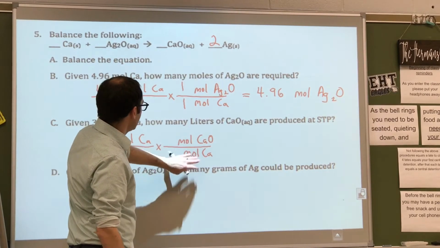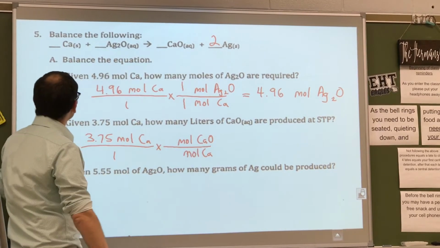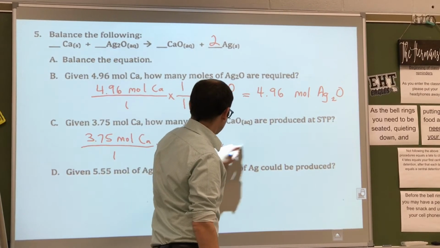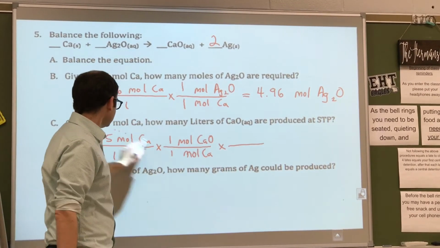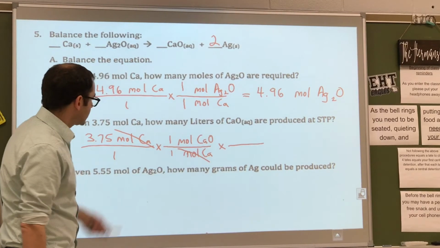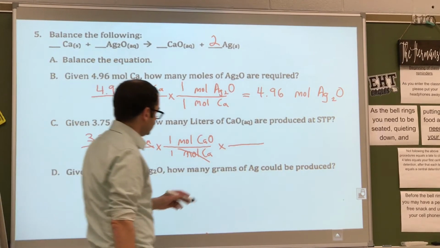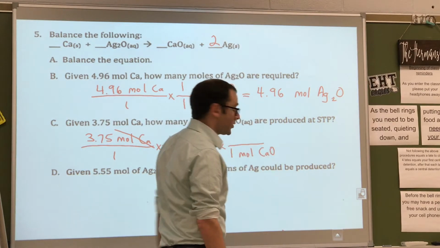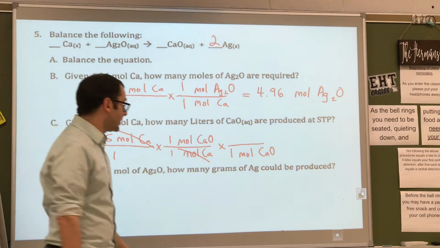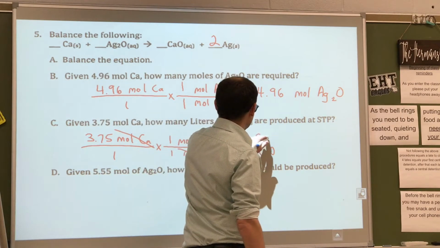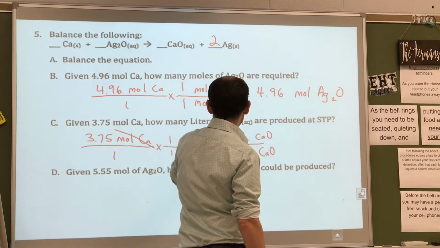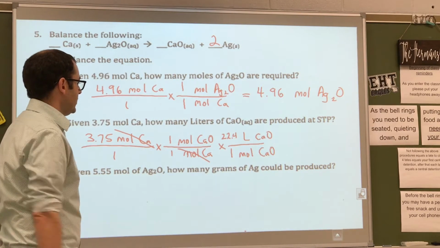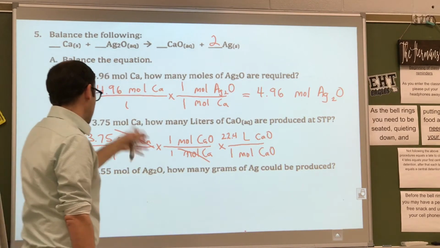So it isn't something new in this chapter. All right, what are the coefficients for these both? 1, all right, so that stays 1 and 1. But we're not done. What's going to go on the bottom now? And what goes on the top? Yeah, the liters, right? We're going to liters, so it'll be liters of CaO and 22.4 liters of those calcium oxide. All right, so now we just multiply.